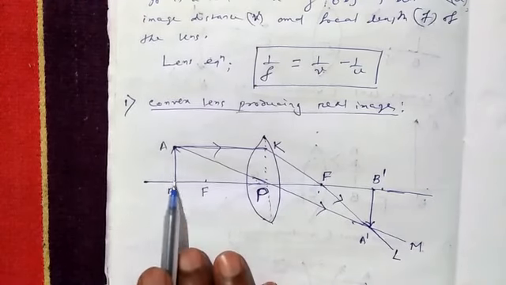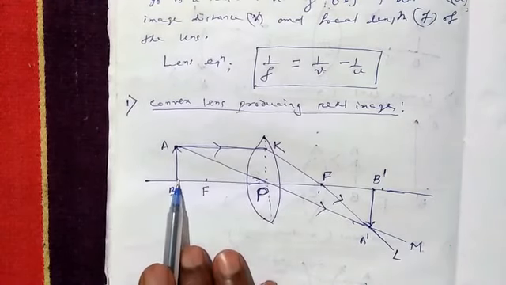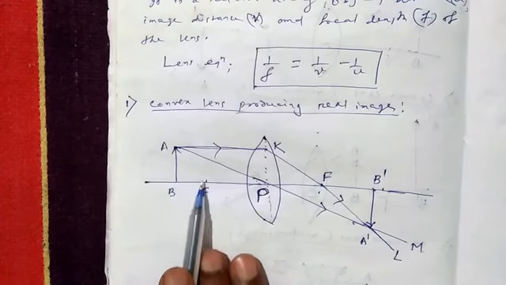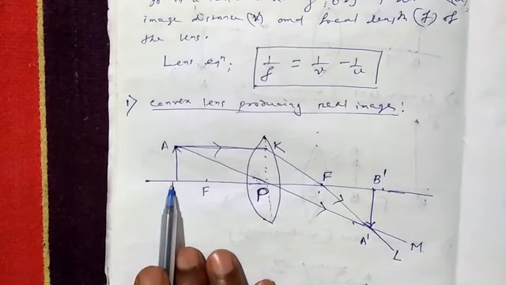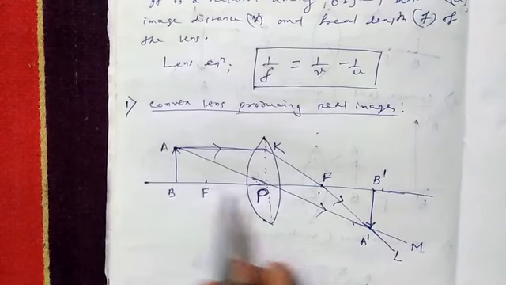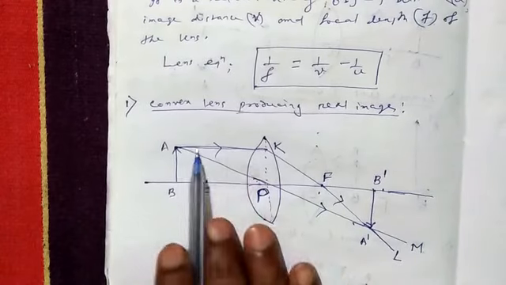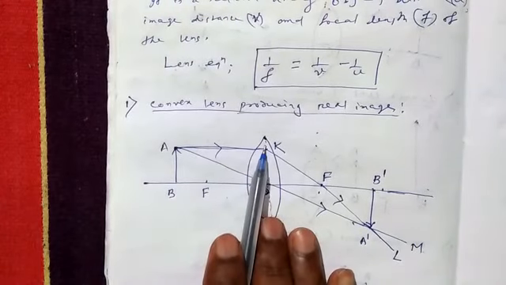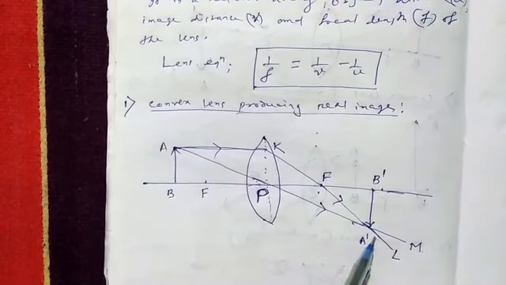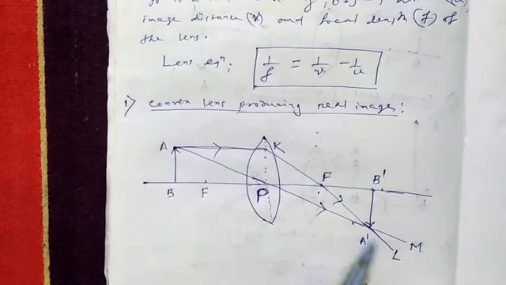Consider an object AB placed perpendicular to the principal axis of the lens and placed beyond focus. Take a ray AK that goes parallel with the principal axis. After refraction it will pass through the focus and goes along KL.